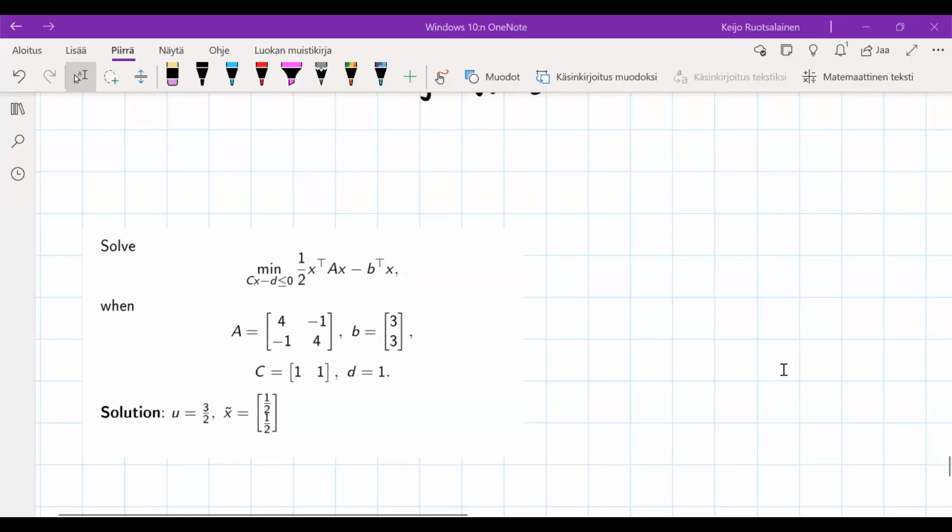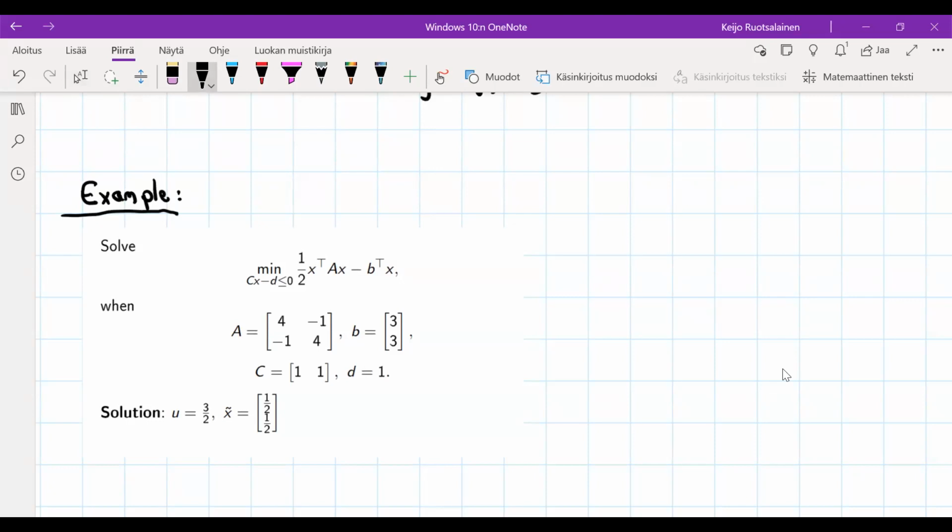So here I have my example. We have a quadratic optimization problem. The matrix A here is clearly positive definite. It's a 2 by 2 matrix. Diagonal elements are 4 and off-diagonal elements are -1.